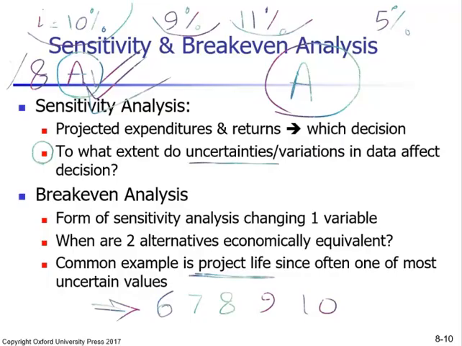But where we have a problem is when with 10% it says A, with 8% it says B, with 9% it says B, with 11% it says A. So you cannot firmly say go for A or go for B. One of the reasons that we do sensitivity analysis is to notice how robust our recommendation is regarding changing different variables.